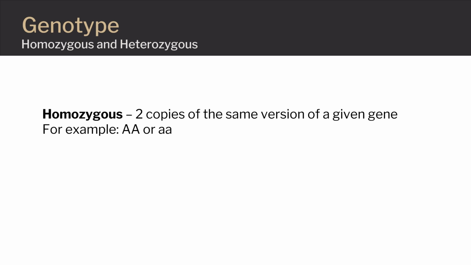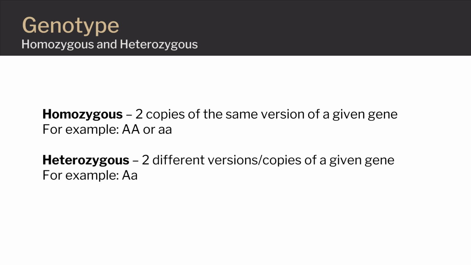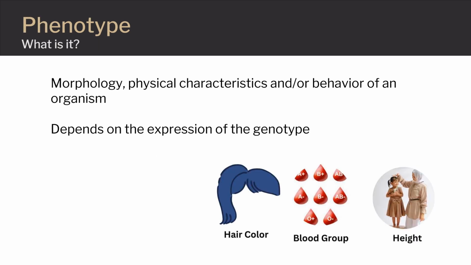The same would be true if one inherits two lowercase a's. However, if one inherits a capital A from one parent and a lowercase a from the other parent, then the genotype would be heterozygous. The observable characteristics that result from the genotype are known as your phenotype.